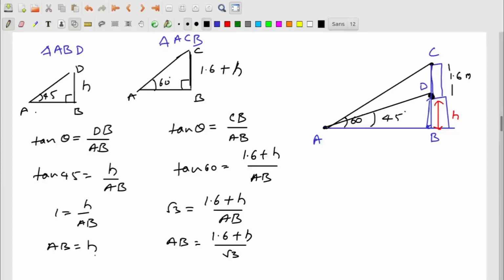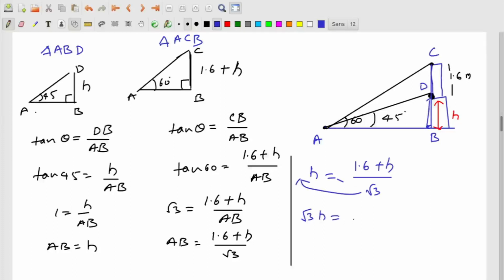Now equate these two because both are AB. When you equate these two, you will get h is equal to 1.6 plus h divided by root 3. So this is a simple equation. Now you can easily solve it. Cross multiply, take this root 3 here: root 3 h is equal to 1.6 plus h.